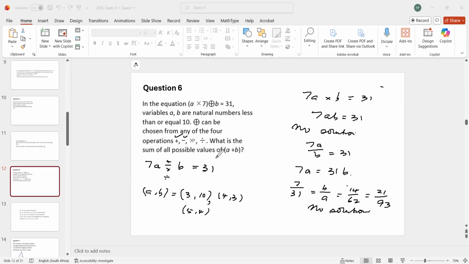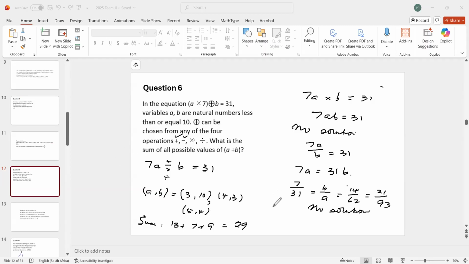So what is the sum of all the possible values of A plus B? A plus B here is 13. A plus B is 13 here. And A plus B is 7 here. And A plus B is 9 here. So if you take all the possible values of A plus B, you get 29.